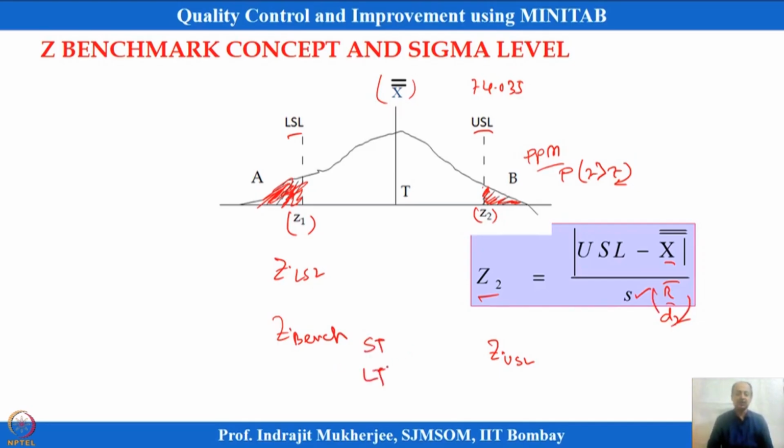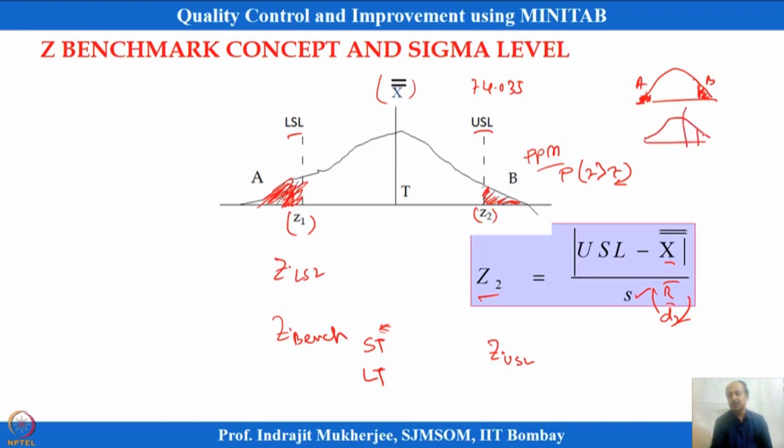MINITAB will report that to you, and short term, what does it mean is that Z benchmark equals when you put all the rejection level on one side. MINITAB will calculate whatever proportion is non conforming on this side, and non conforming on this side. It will just sum this up, A plus B over here, and then place it in one direction.